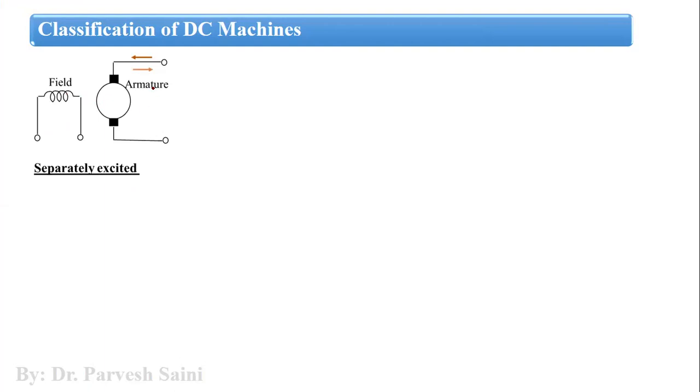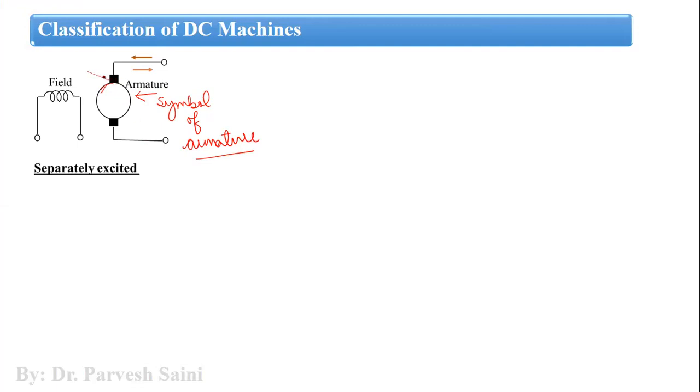First of all, we have a separately excited DC machine. As you can see here, this is the symbolic representation of the armature.